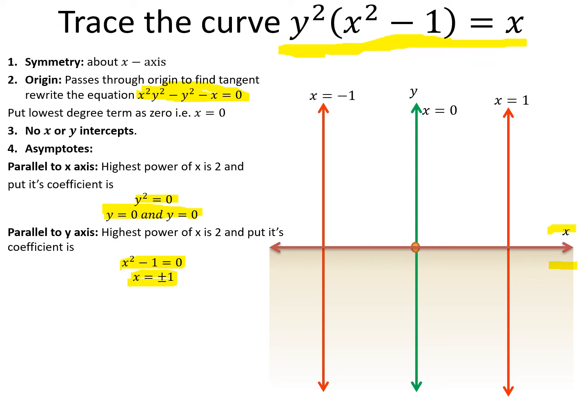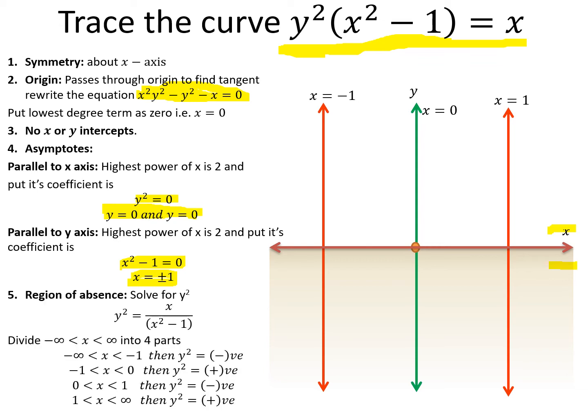So let's go to the next rule, that is region of absence. You can easily see that your equation is solvable for y square. So you can rewrite your equation as y square equal to x upon x square minus 1.